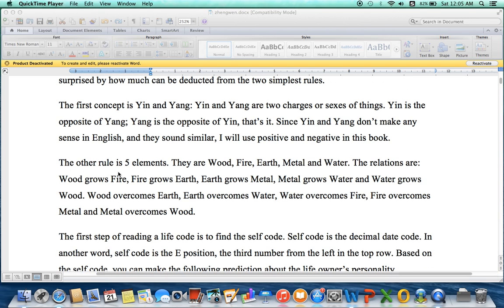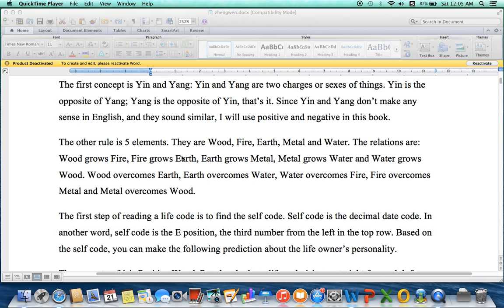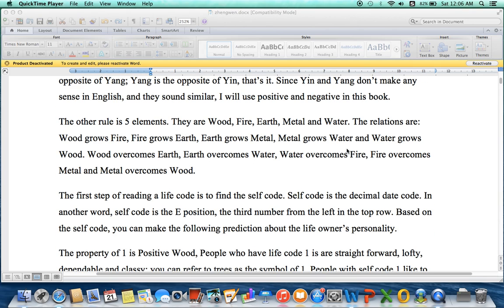The other rule is the five elements. The five elements are wood, fire, earth, metal, and water. As lots of us may know, the relations are: wood grows fire, fire grows earth, earth grows metal, metal grows water, and water grows wood. The other set of rules is: wood overcomes earth, earth overcomes water, water overcomes fire, fire overcomes metal, and metal overcomes wood.